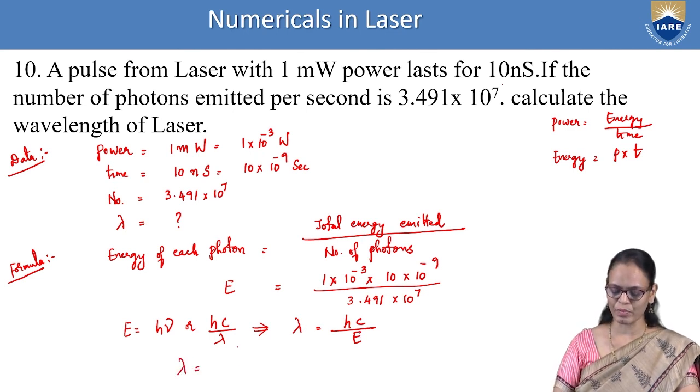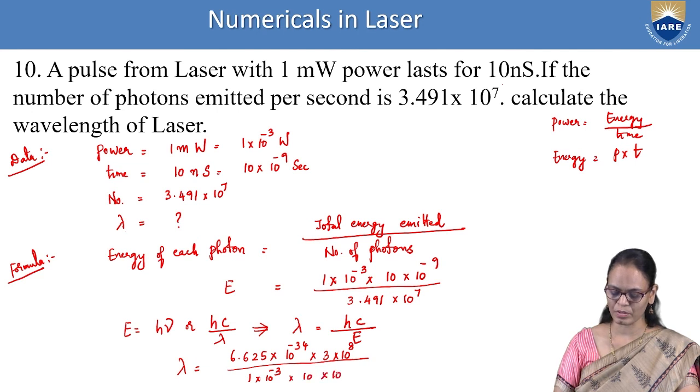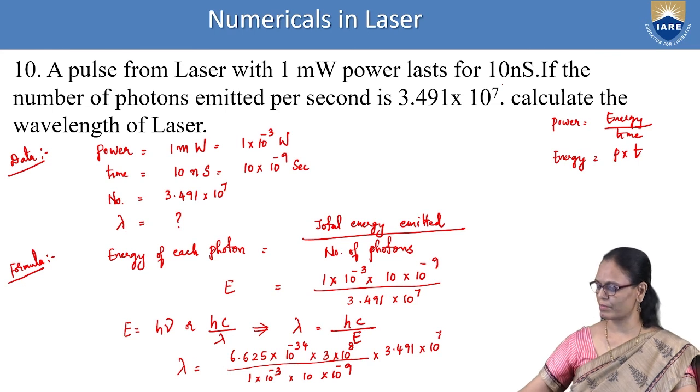So lambda will be equal to 6.625 into 10 power minus 34 into 3 into 10 power 8 divided by the energy, 1 into 10 power minus 3 into 10 into 10 power minus 9, and this 3.491 goes to the numerator into 10 power 7.